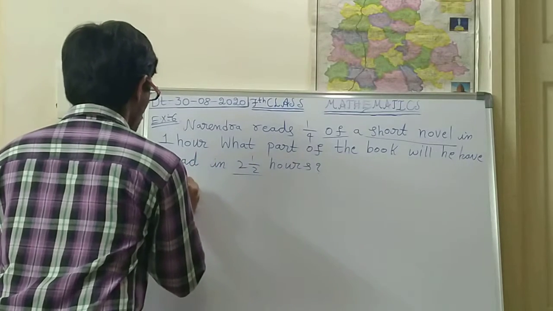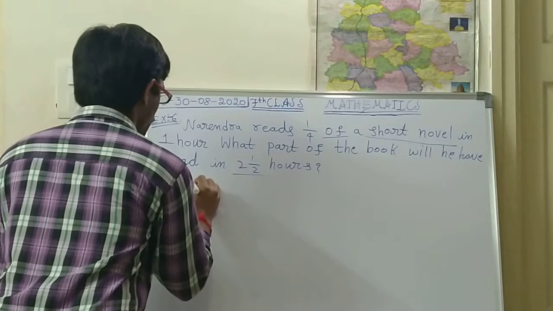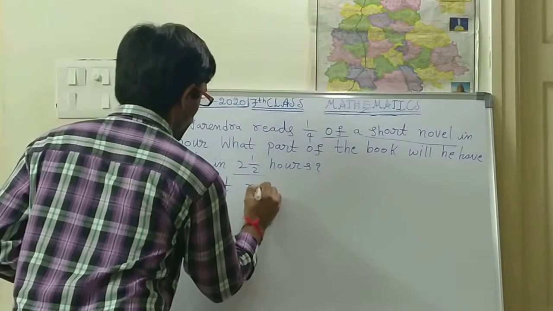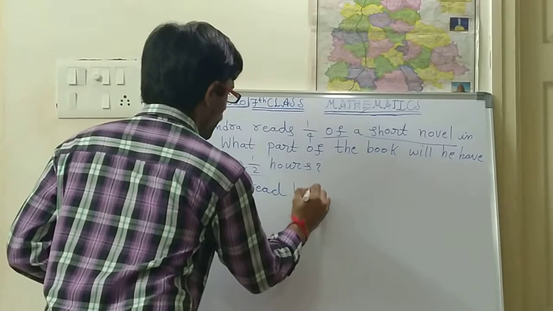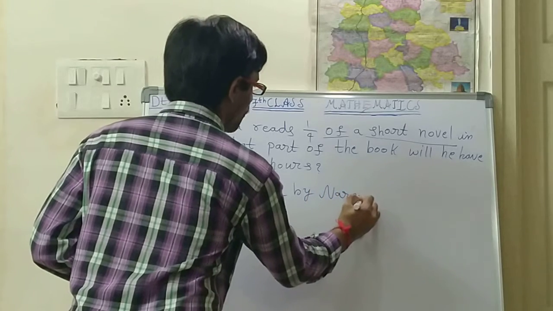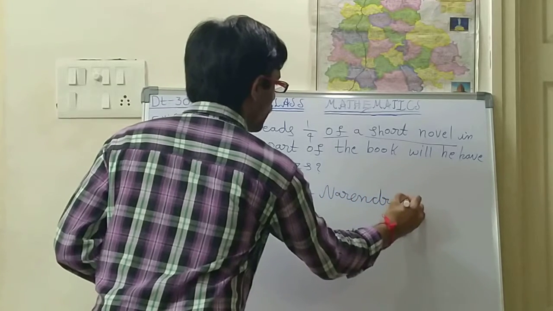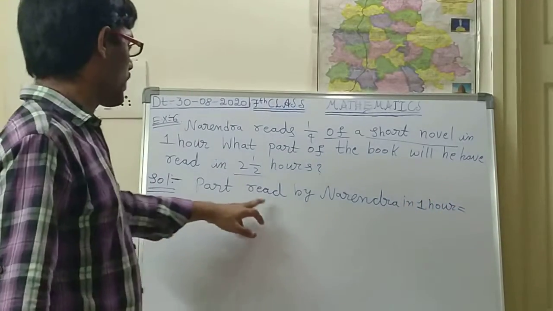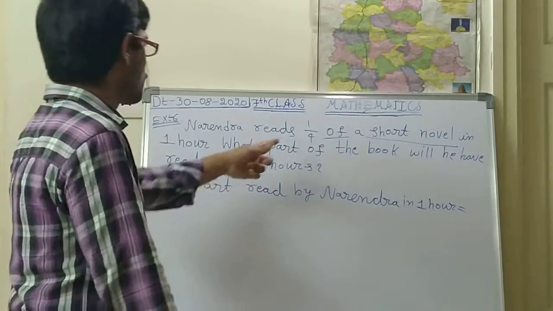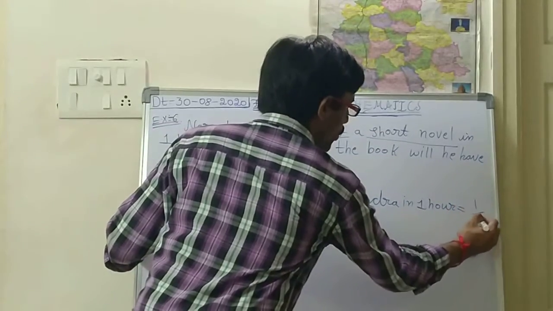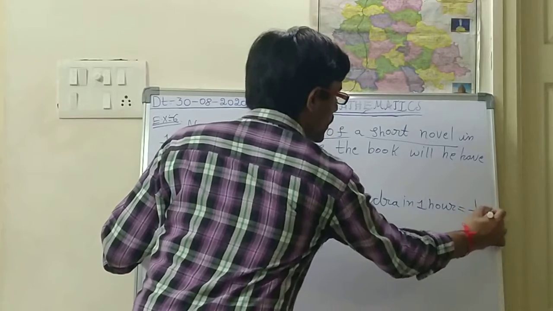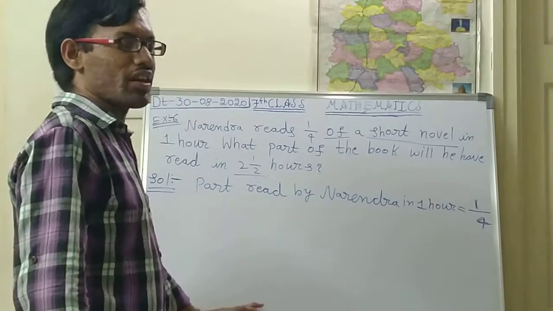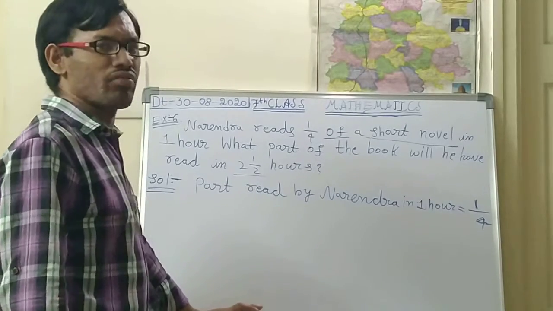You should write: part read by Narendra in 1 hour. So how much part did he read? 1/4. Is it right, children? I hope you are understanding. The steps are very important for this type of problem, though directly everyone will do it.